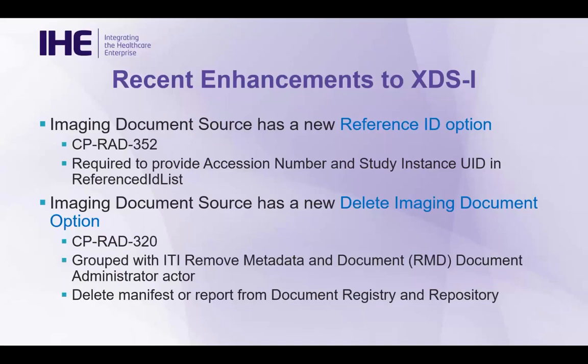The reference ID list already supported a session number, and now we added a new ID for the study instance UID. Before this CP, I know that many implementations added their own proprietary extension to introduce study instance UID in the XDS metadata. So now there's a standard way to provide that information.